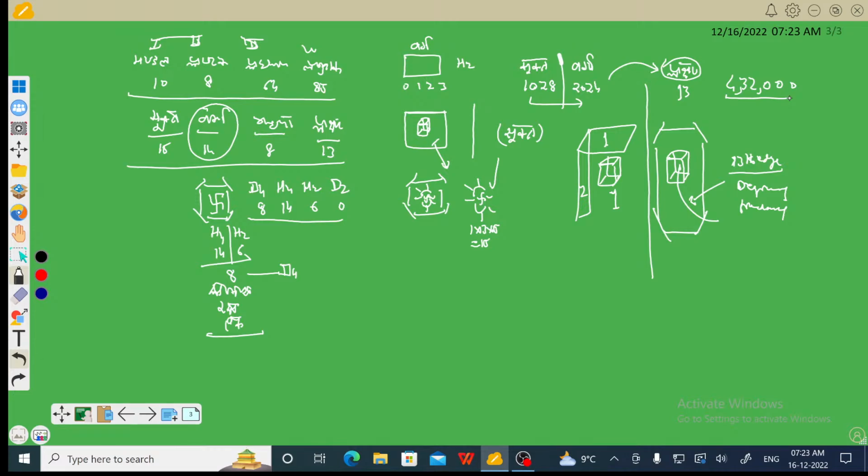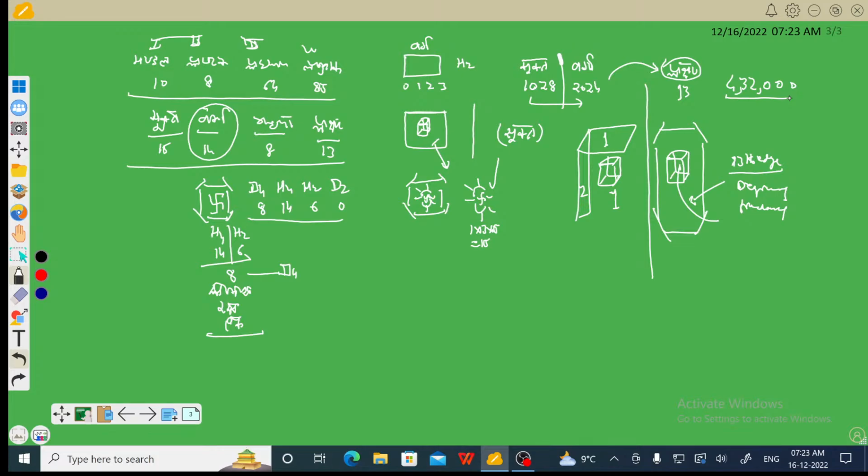It is this organization which is being mathematized. So Vedic mathematics is the mathematics of 4,32,000 steps, phases, aksharas. This much number of steps are to be covered.